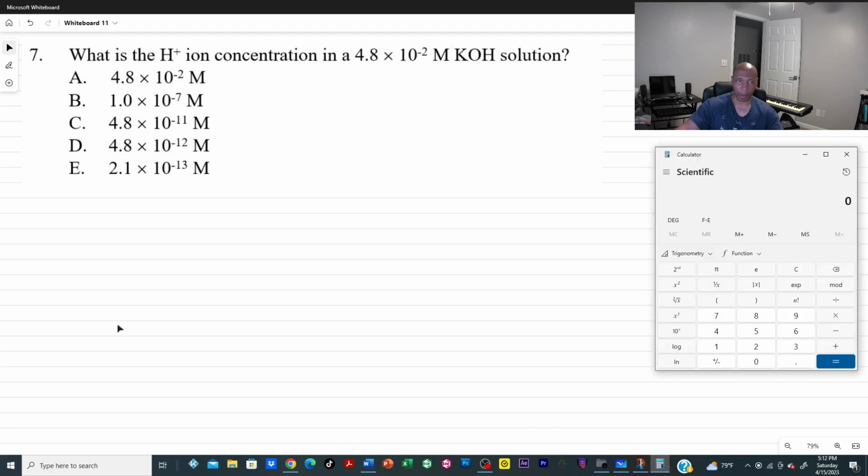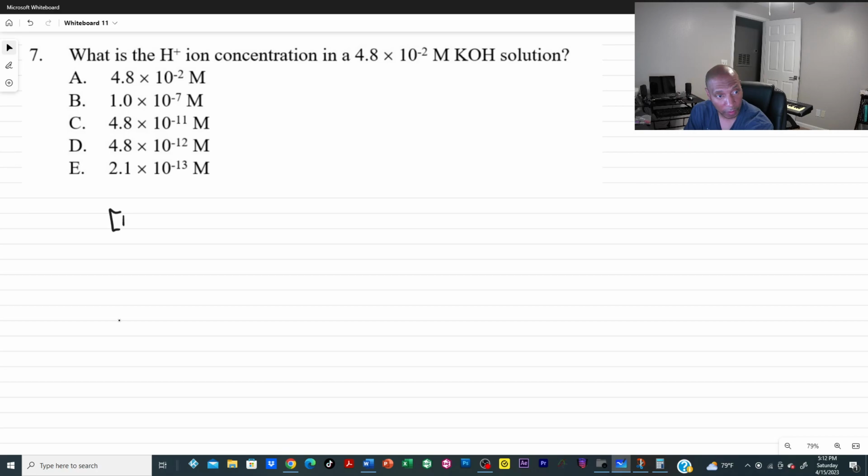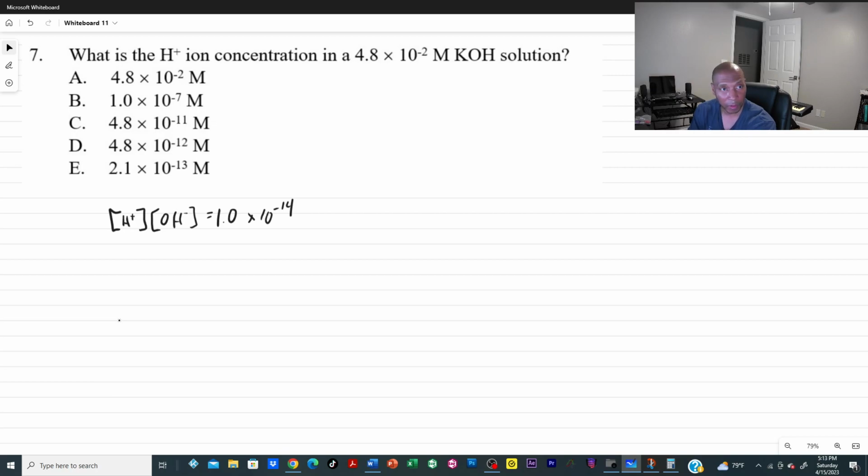Now, of course, we can do this one of two ways. I can use the fact that my H plus concentration times my OH minus concentration is equal to 1.0 times 10 to the negative 14, which is the autoionization constant for water. That's probably the best way to do this. Since we're trying to find the H plus concentration, my H plus concentration is equal to 1.0 times 10 to the negative 14 divided by my OH minus concentration.